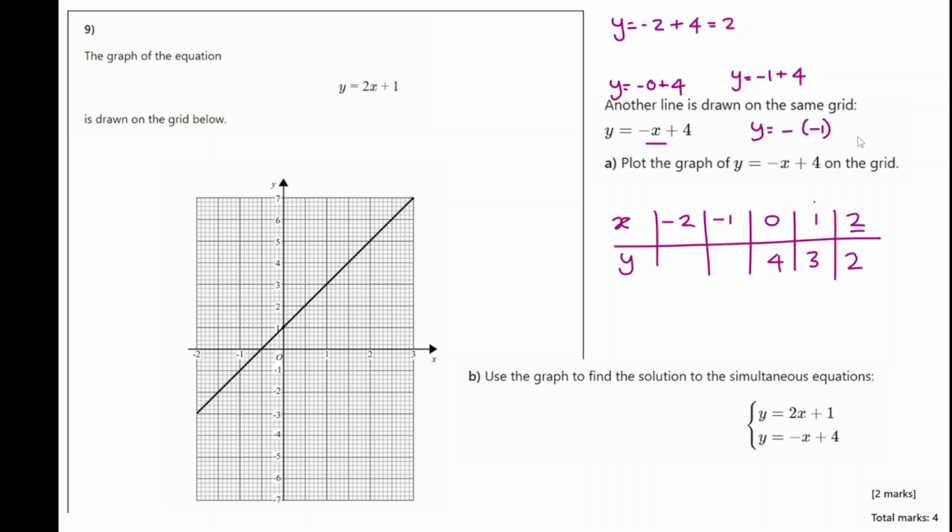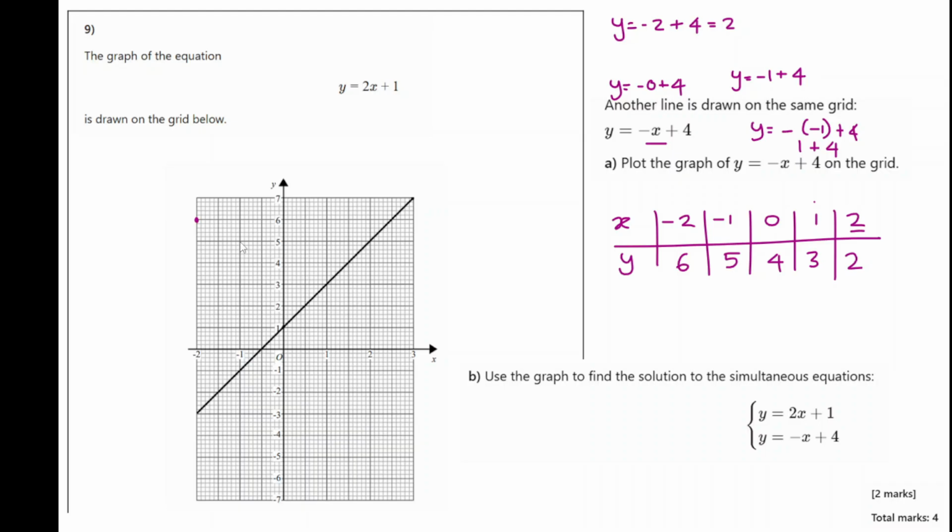Now remember, when you have two negatives, it's positive. 1 add 4 is 5. Now you can see why I started with 0 and kind of went to the positive side, because it's easier. Now 2, 3, 4, 5, 6 obviously. Let's plot this now. Negative 2, 6 is here. Negative 1, 5 is here.